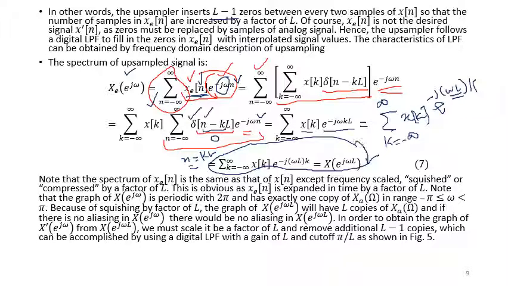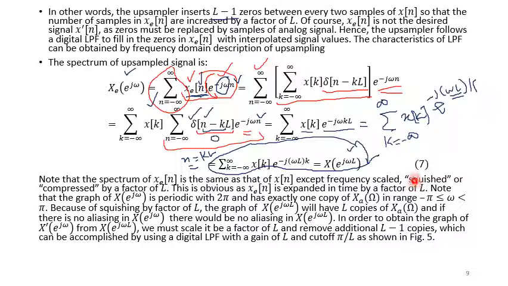When the signal is upsampled, what is its Fourier transform? It is X of e^(j omega L). That means we are just multiplying omega by L. So x_e[n] has the same spectrum as x[n], with the exception that the frequency is scaled or squished.